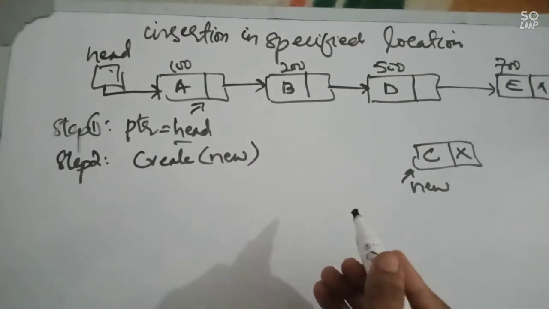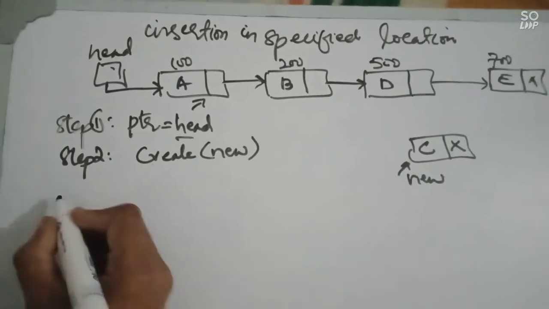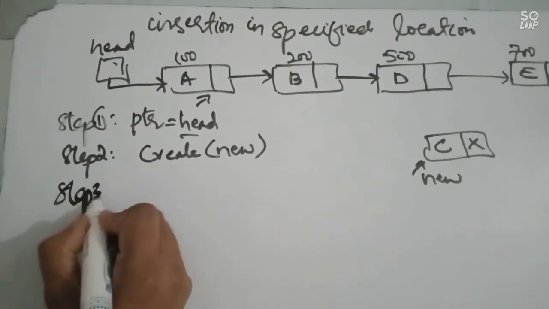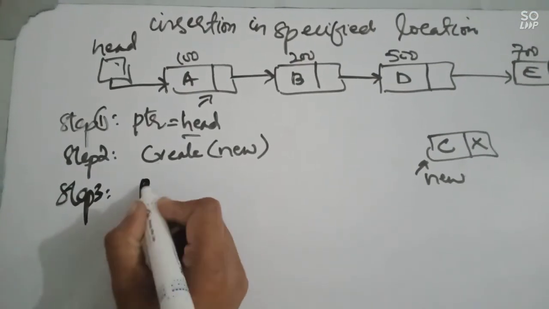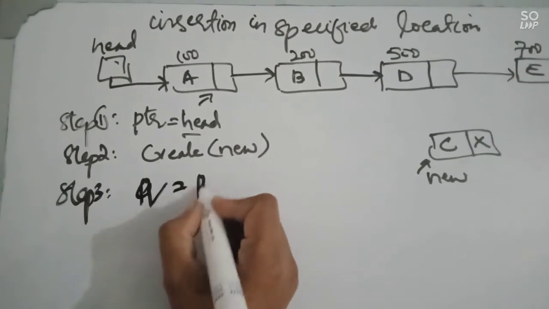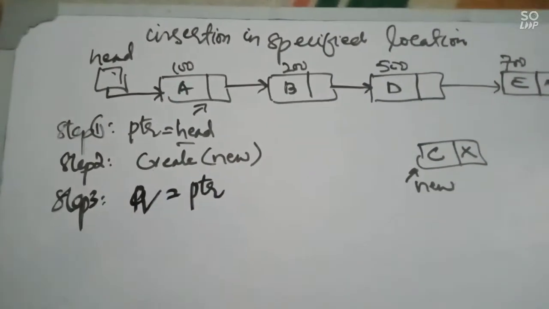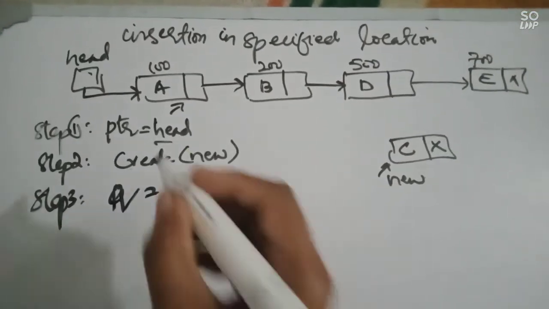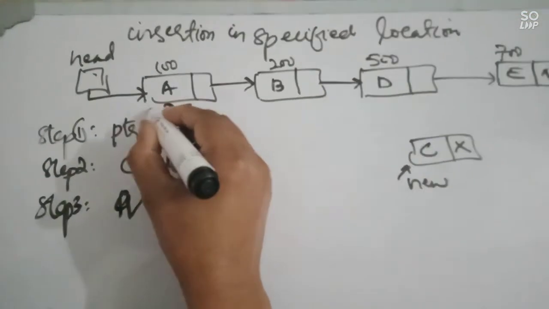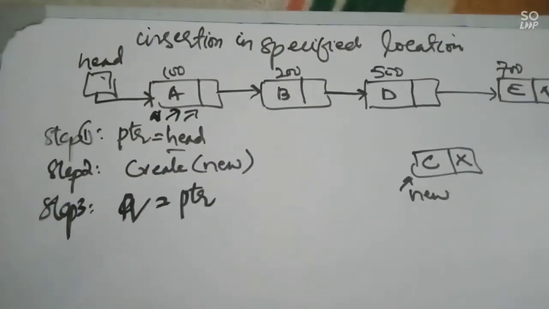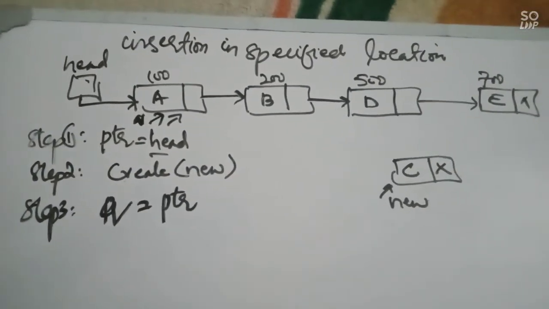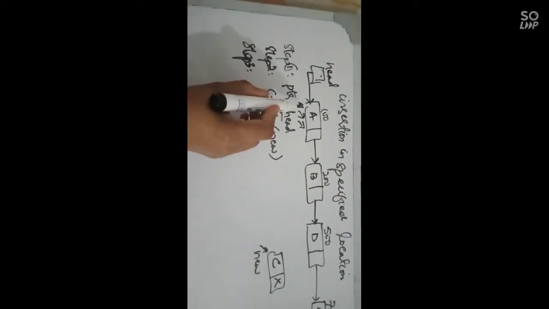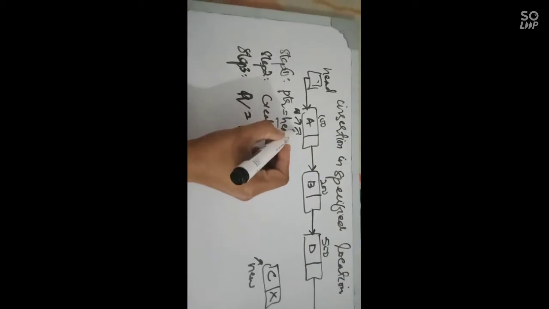Okay, so how do we move our pointer? We take another pointer as well, pointer Q. Q is equal to PTR. Okay, so we have taken Q equal to PTR, so another pointer Q is also pointing to this location. Now we have set Q equal to PTR, so two pointers Q and PTR are pointing to this node.